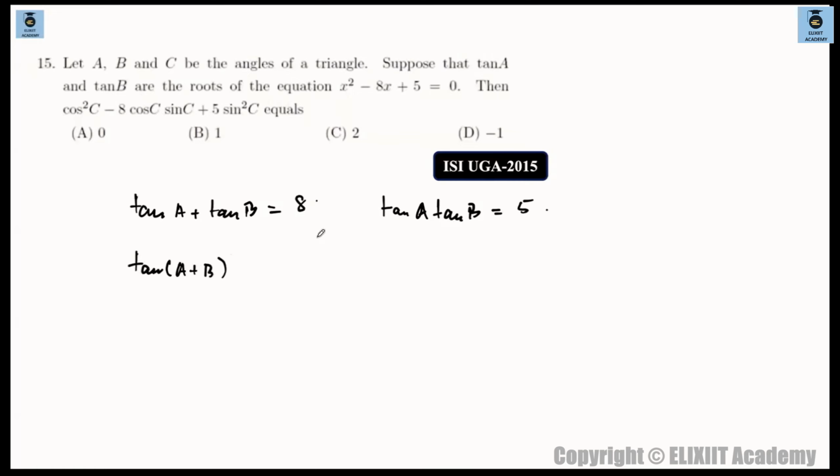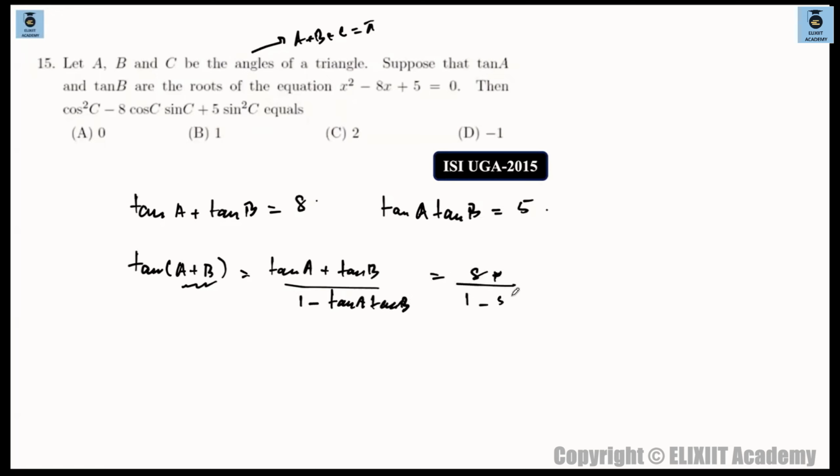Also you have one more thing here, that A, B, C are the angles of a triangle. So A plus B plus C is pi, which means A plus B is pi minus C. From there we can figure out the value of tan C. So tan of A plus B is tan A plus tan B divided by 1 minus tan A tan B. So tan A plus tan B is 8 divided by 1 minus 5.